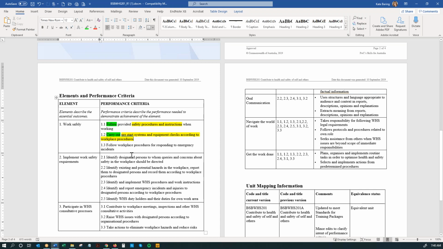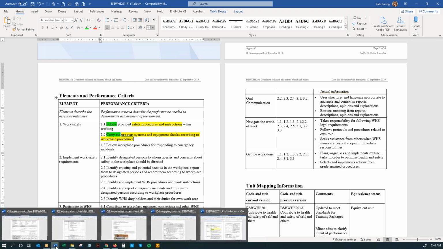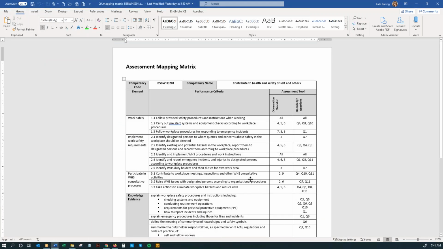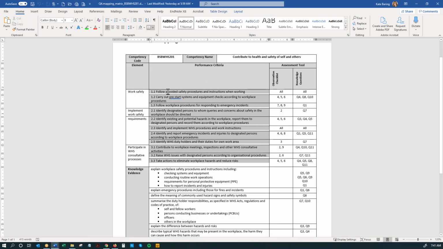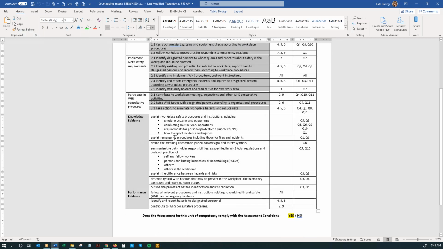So instead of having to just manually tick it off in our little dumbed down version of the unit of competency requirements, we put together what's called a mapping matrix. And this is really just cutting and pasting all the elements straight from training.gov and all the performance criteria straight from training.gov, along with the knowledge evidence and the performance evidence.